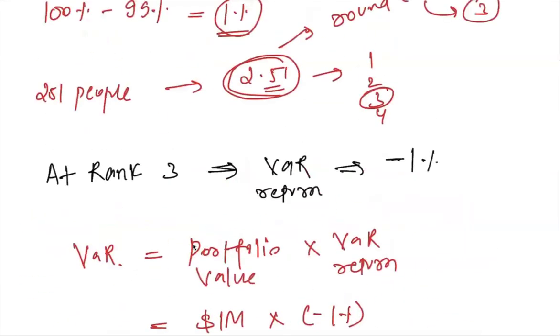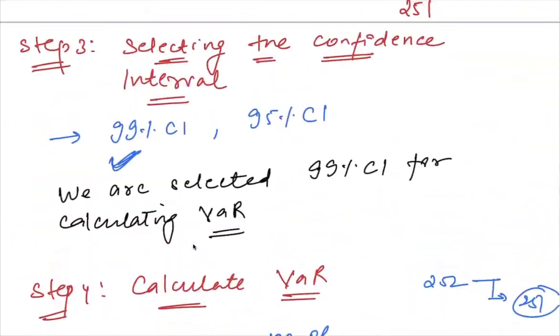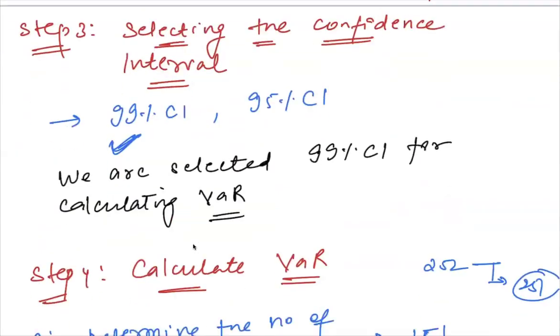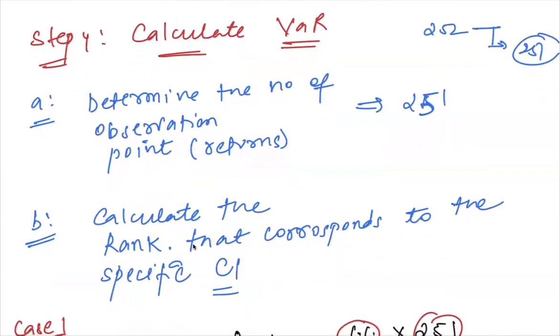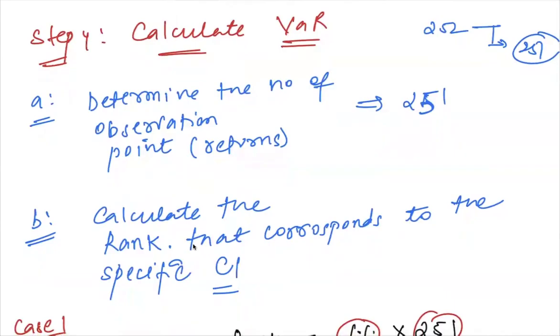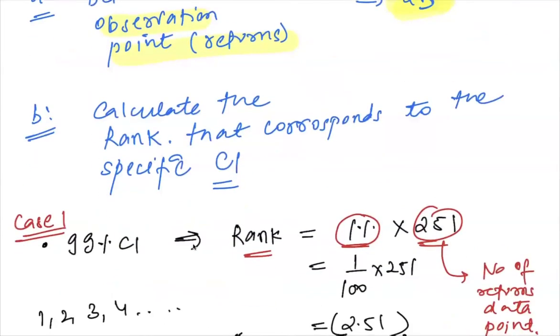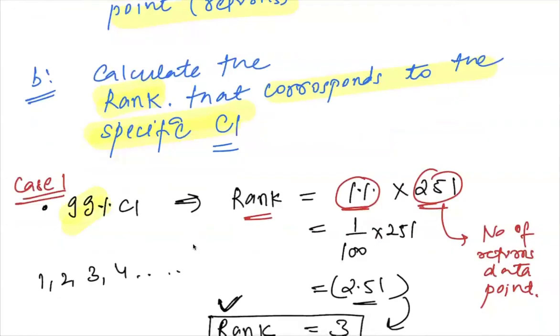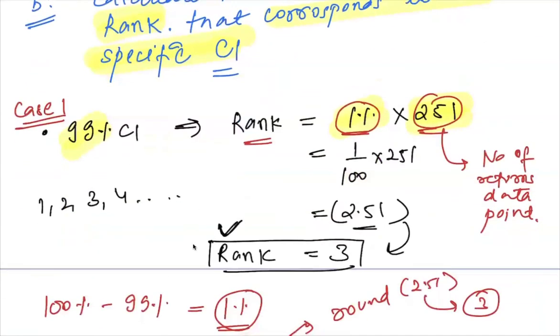Okay, so let me summarize this step. I hope you understood up till here, which is your step 3. Let me again summarize step 4, which is how we calculate VaR. The first step is to determine the total number of observations. Let's say we have 251 return points. Then you calculate the rank which corresponds to the specific confidence interval. When I choose 99% confidence interval, I multiply 1% with 251, and it gives me 2.51. Now there can be no rank at 2.51.